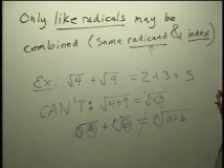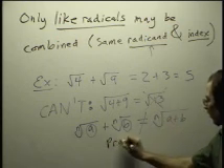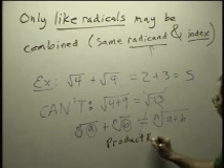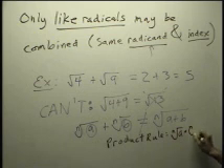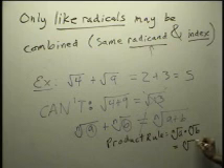Okay? This is sometimes confused with the product rule. Remember, the product rule says that we can multiply radical expressions by multiplying the radicands under a single radical.